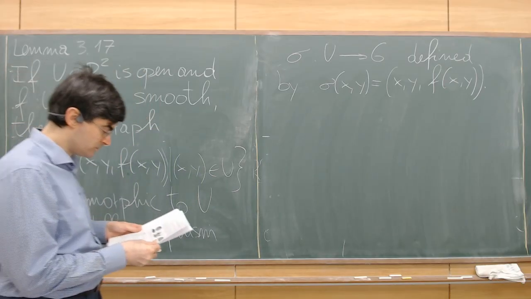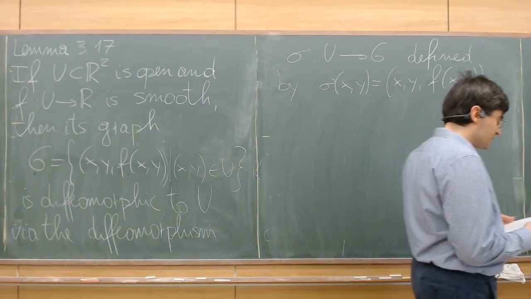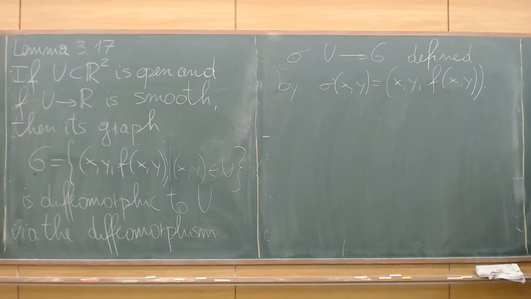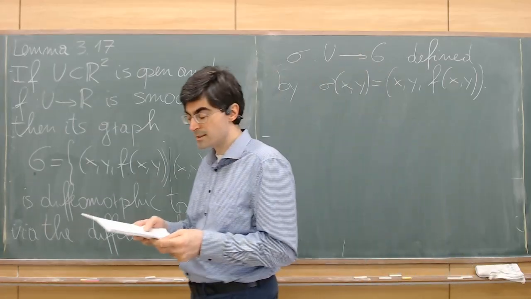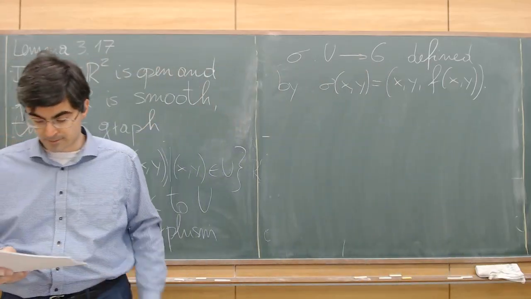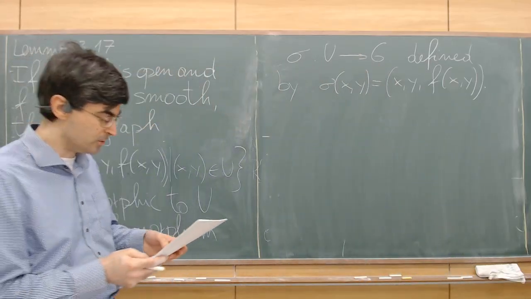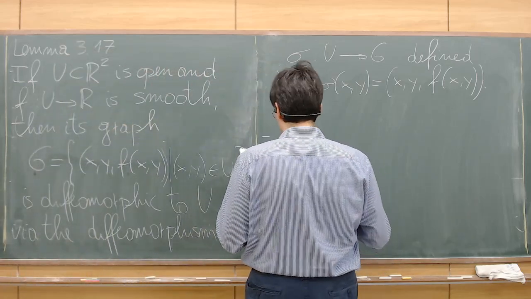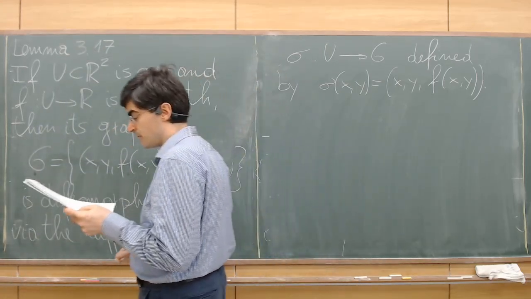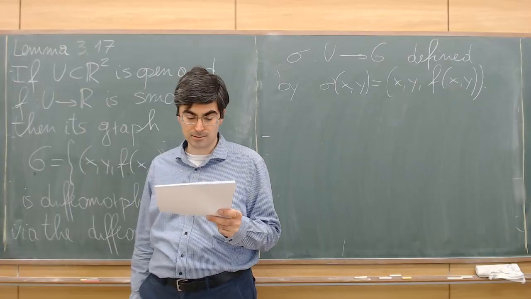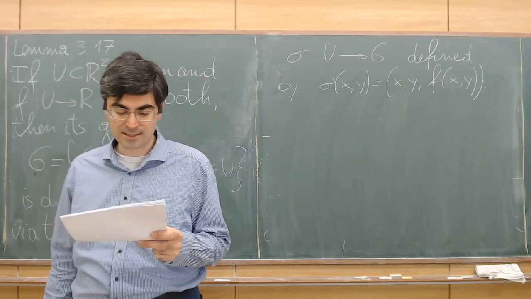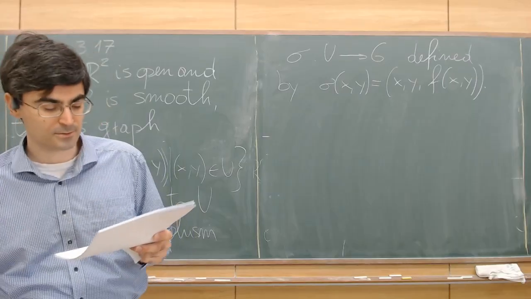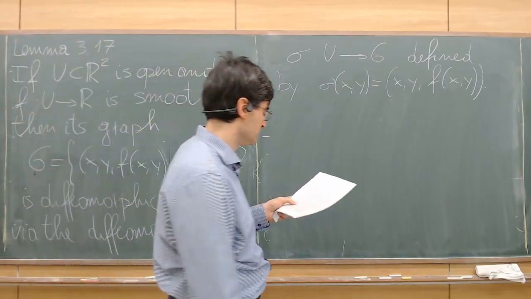Okay, now we start the study of the surfaces. In order to do this, I need two preliminary notions. The first one is the notion of open set contained in another set, and the second one is the notion of neighborhood.